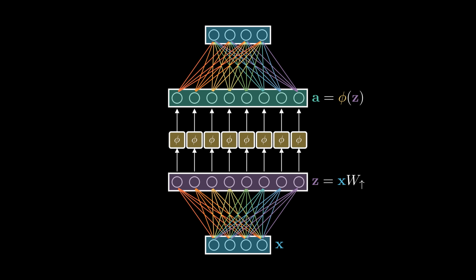The activation vector a is the output of applying the nonlinear activation functions phi to each dimension of the pre-activation vector z. The output vector y is obtained by applying a second weight matrix W-down, which transforms the activation vector a back to the original input dimensionality.